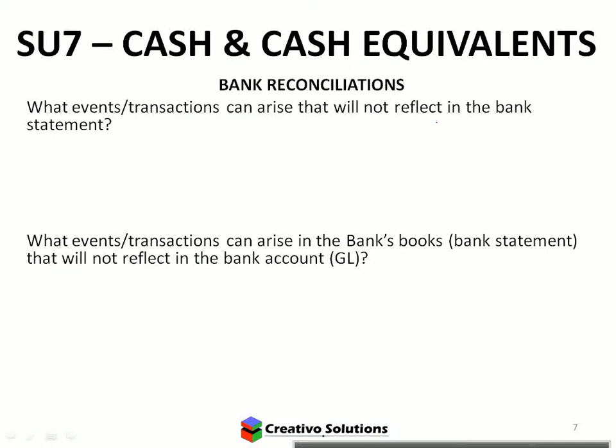It should still show on the bank statement, even if it's small. Then it's an error, possibly. So bank errors perhaps. The important ones here would be things that don't reflect on the bank statement.